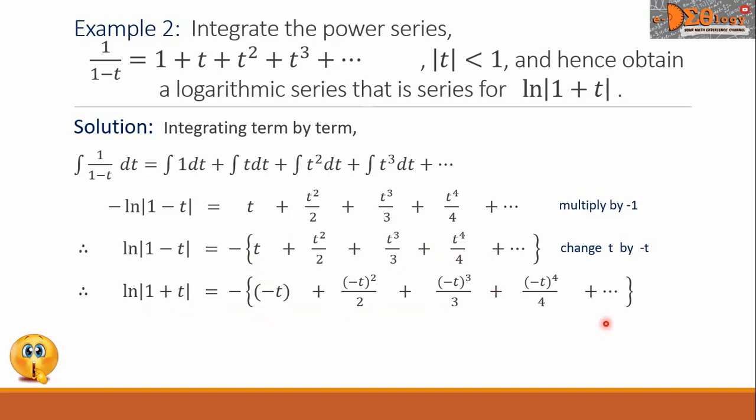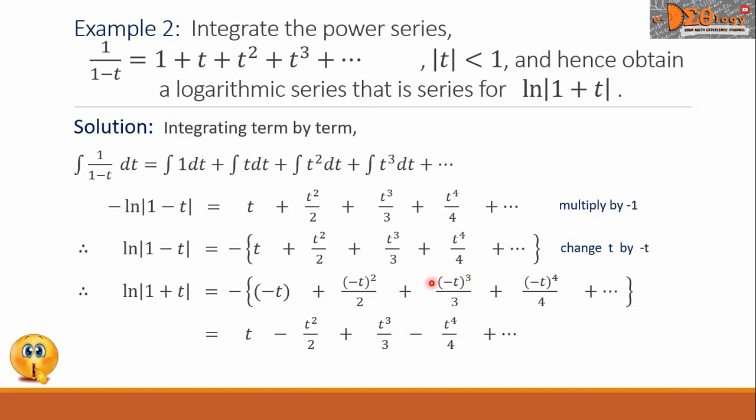And then, let us simplify each of the terms. The first term, the negative t, becomes positive t. When we simplify the second term, it becomes the negative of t squared over 2.